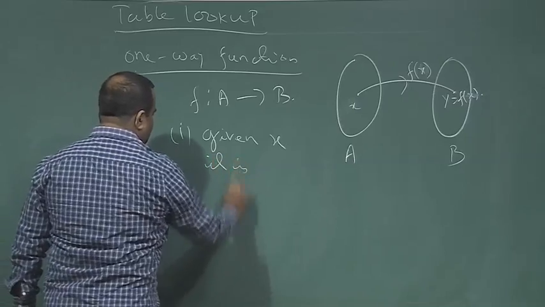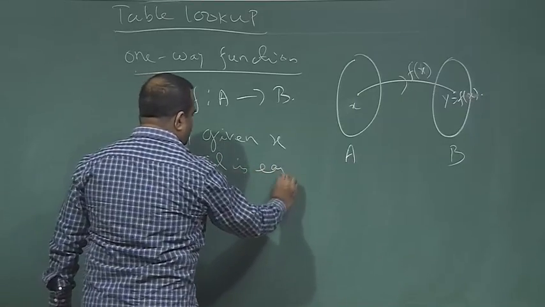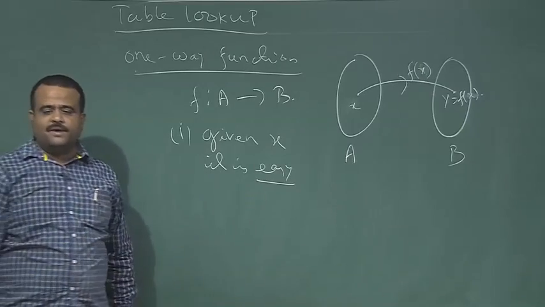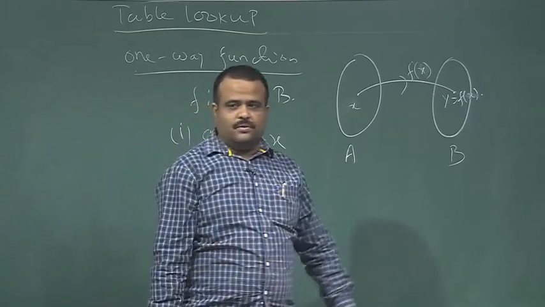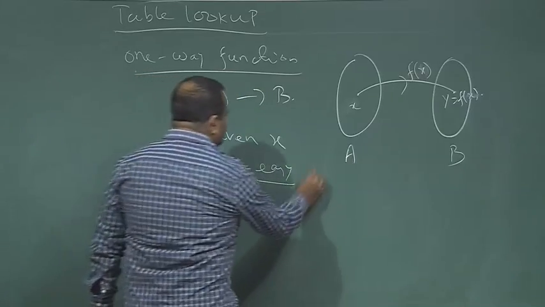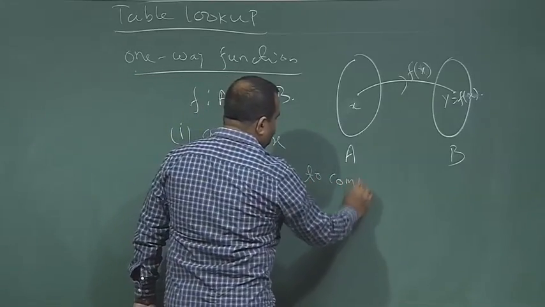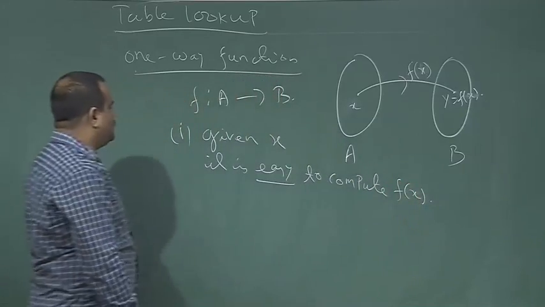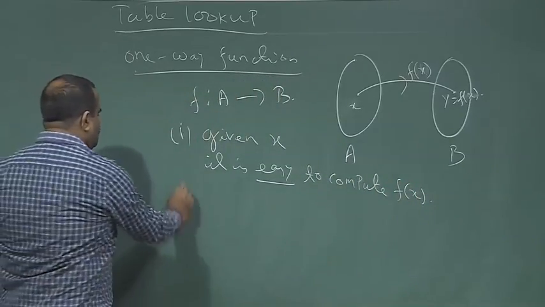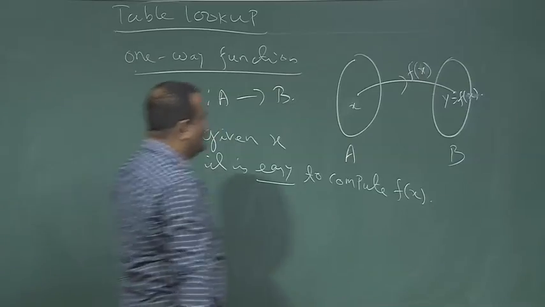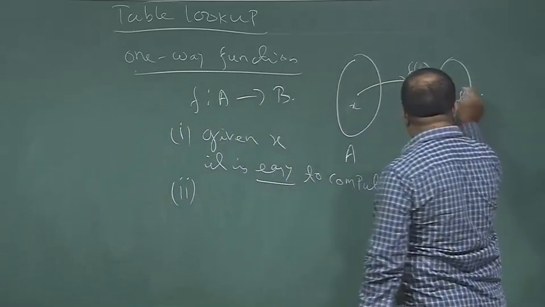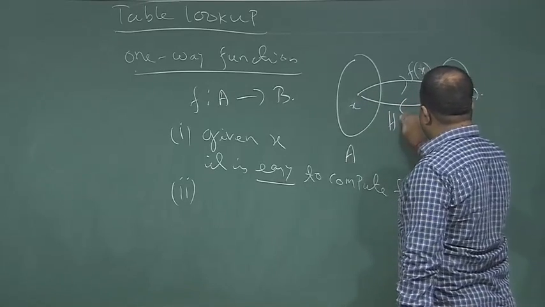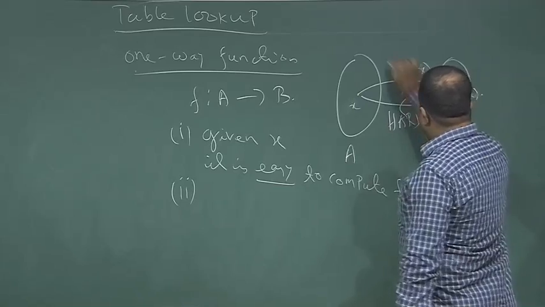Again, easy is a vague sense, easy means computationally feasible. So, we do have a polynomial time algorithm to compute this. Easy to compute f of x. Okay. So, one way it is easy, but the other way it is hard. Given a y which we know is basically f of x, this way it is hard.